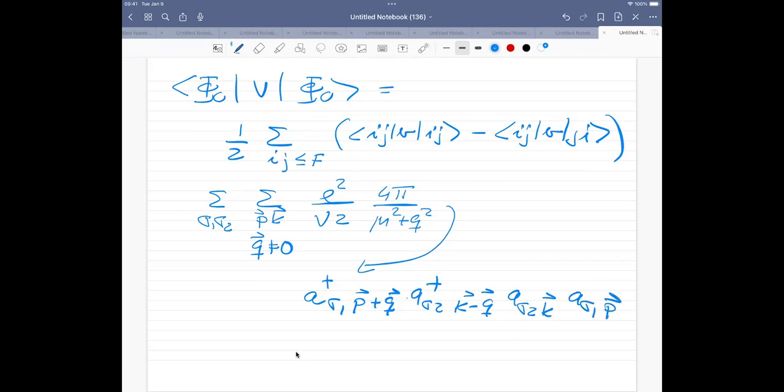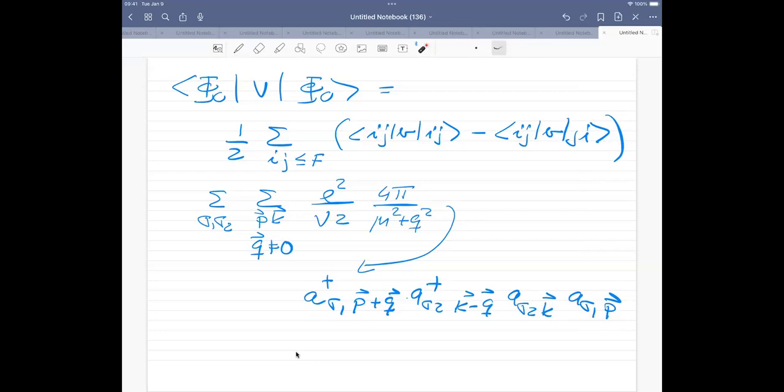Now when you look at these specific terms, you see we have a state i here, which is below the Fermi level. And that means that if I look at this set of operators, this is state i, and this would also be state i.